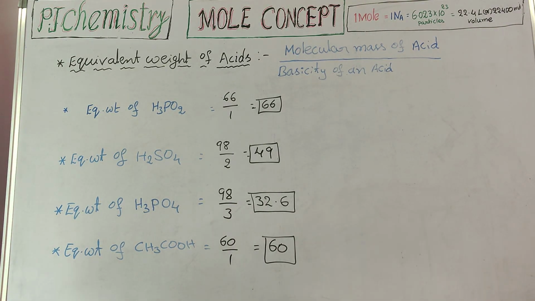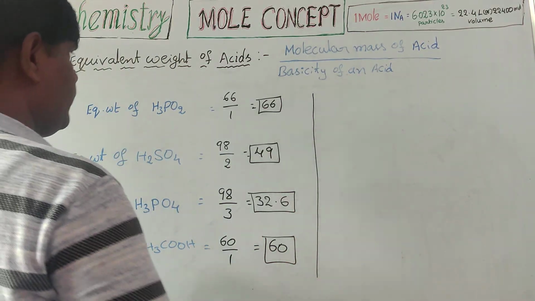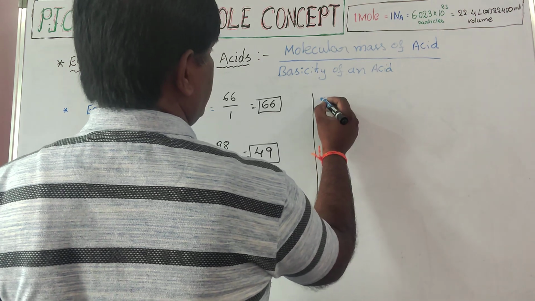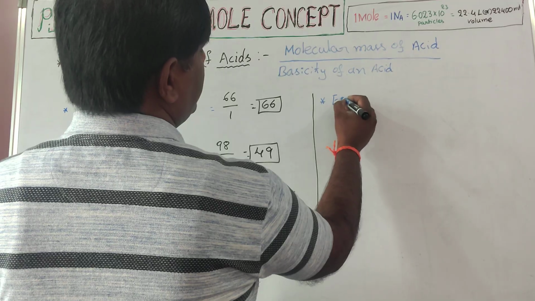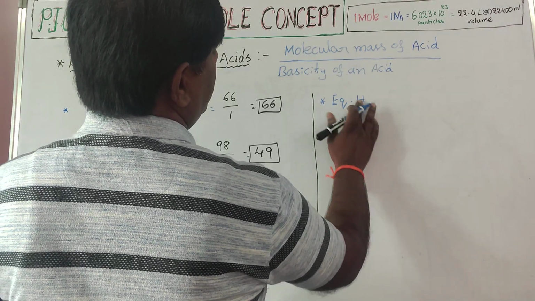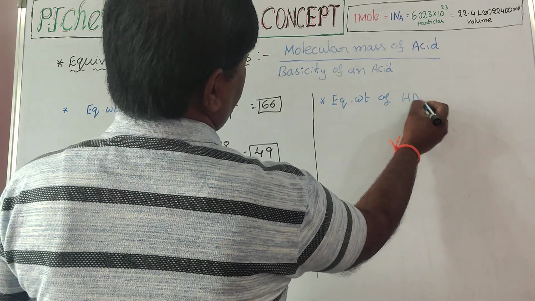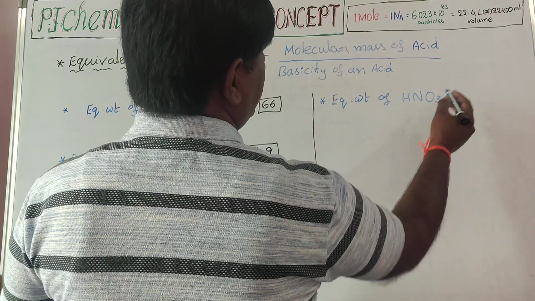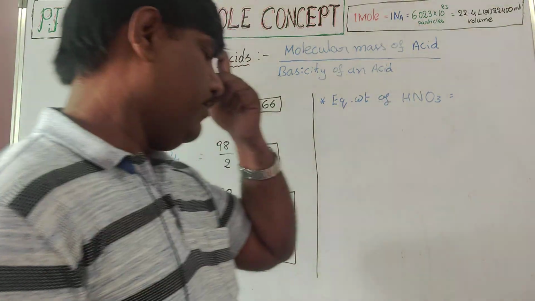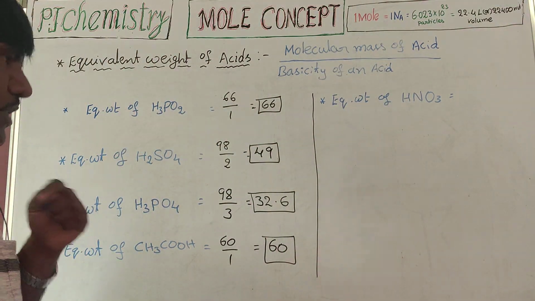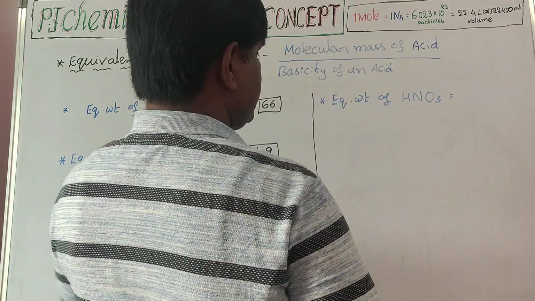Yes, children, understood? Go for calculation of the equivalent weight of nitric acid, HNO3. Three oxygens, 48, plus 14 is 62, plus 1, 63.